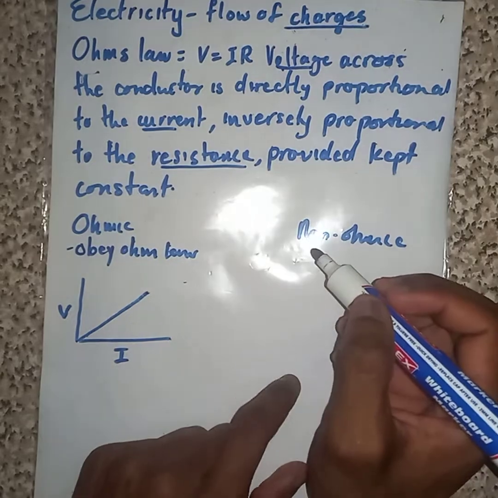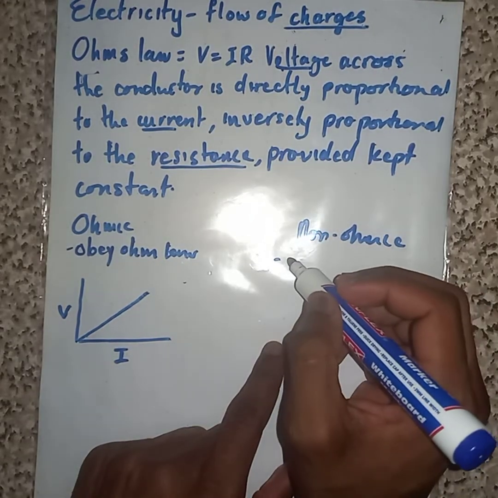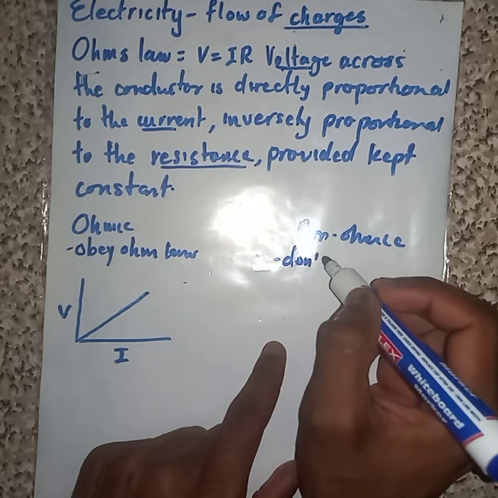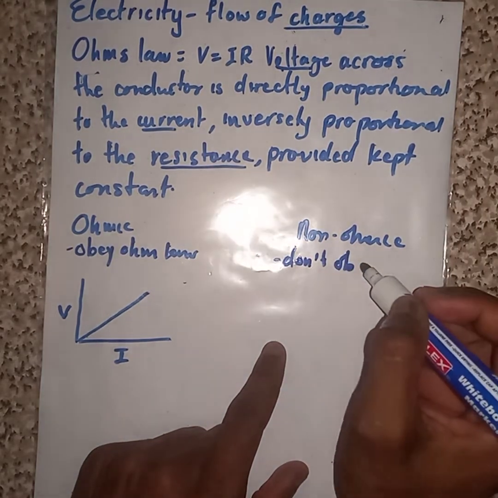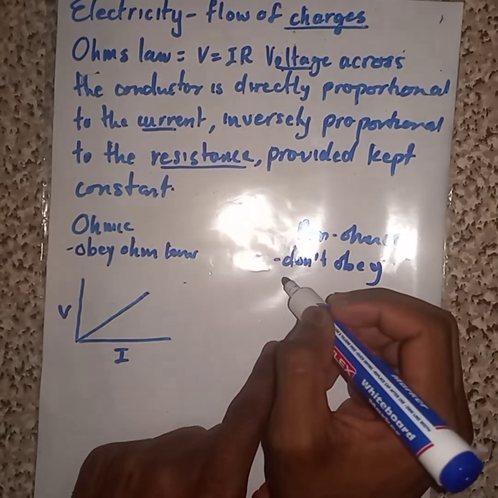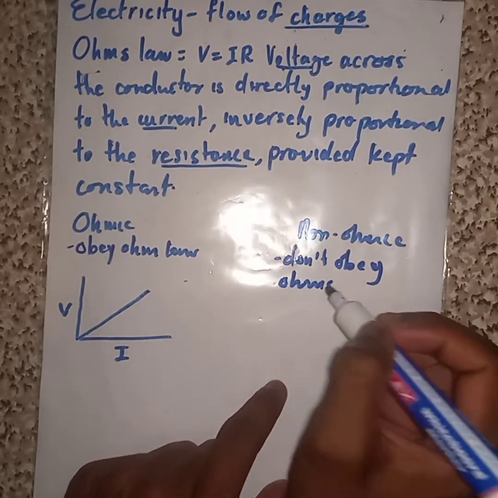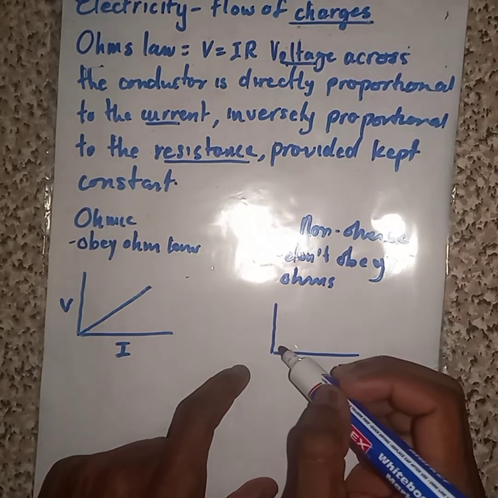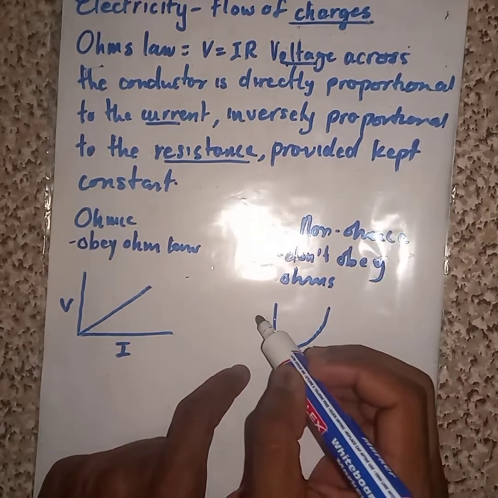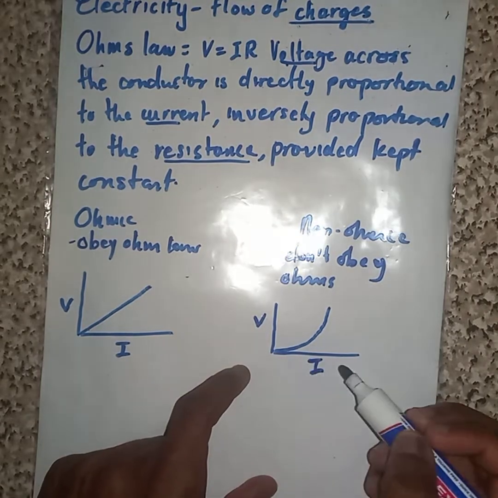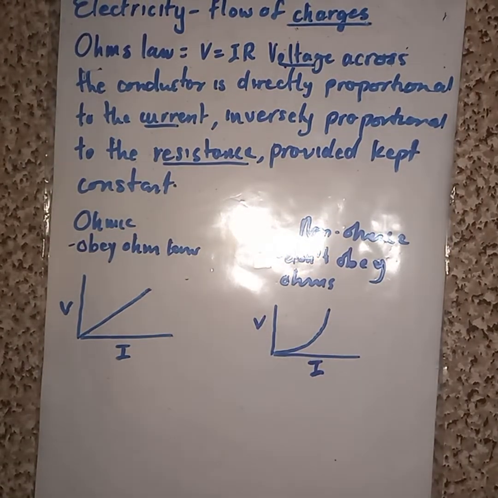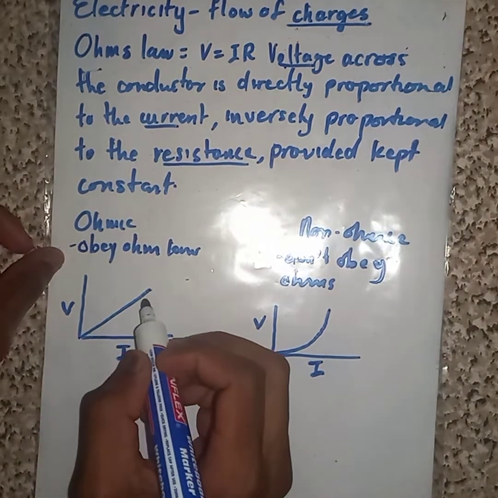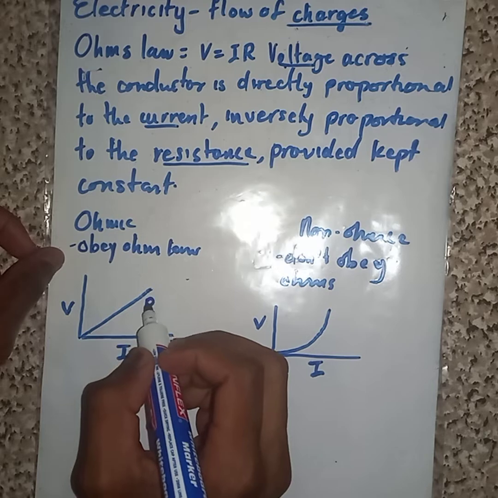Then we also have the non-ohmic. They don't obey Ohm's law. Then its function is like this. Right here we have V, then this side we have I. Then the gradient of this graph represents the resistance.